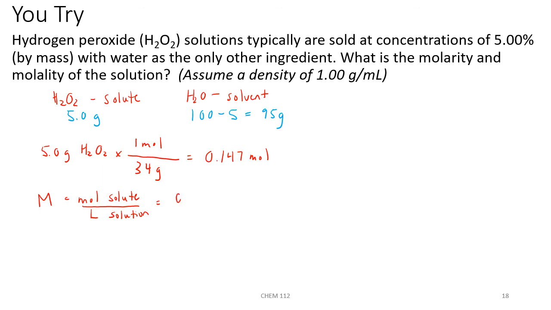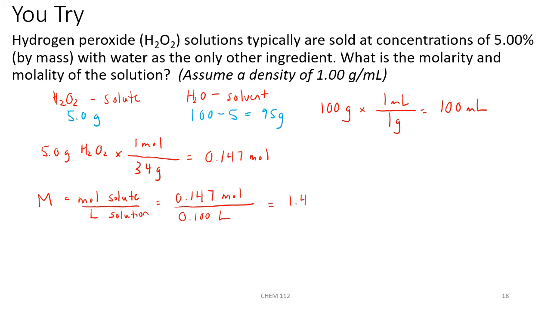So that'll be equal to our moles of hydrogen peroxide, 0.147 moles, divided by our total volume of our solution, which is equal to 100 grams. And since we're using a density of 1 gram per milliliter, 100 grams is also equivalent to 100 milliliters as well. Since the solution is pretty much water, this is a good assumption that we can make. So we're going to divide by the volume not in milliliters, but in liters. So 0.100 liters. And this gives us a molarity of 1.47 moles per liter.